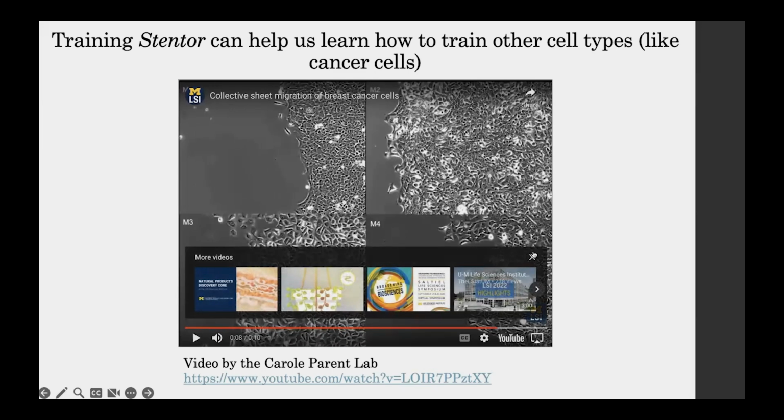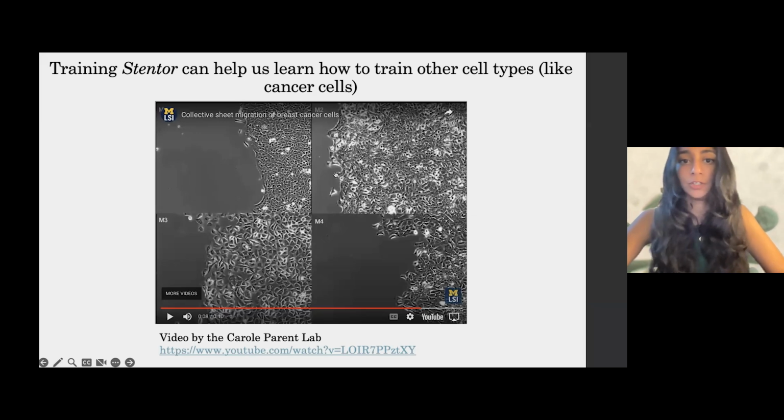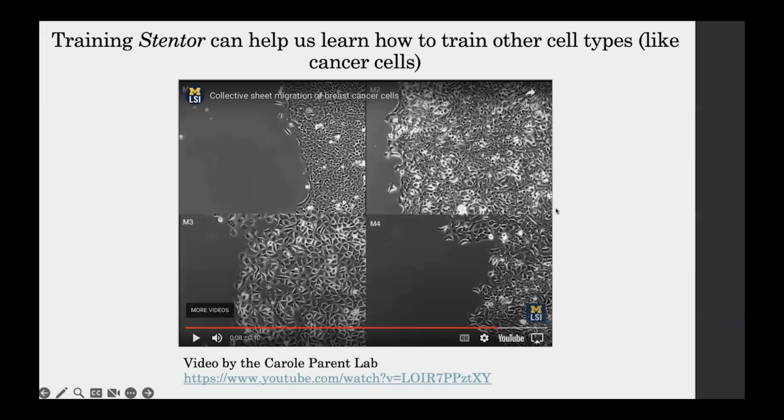If we can train cells to do our bidding and go in a different direction, or train them to habituate to different stimuli, we can perhaps change the behavior of their migrations within the body. So although we're starting with pond scum and stentor, if we learn the principles of habituation and learning within these single cells, hopefully we can translate that to different cell types like tumor cells and white blood cells.